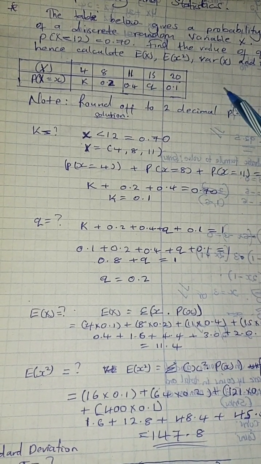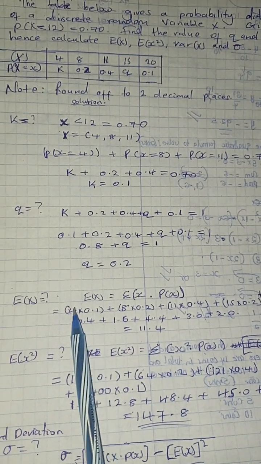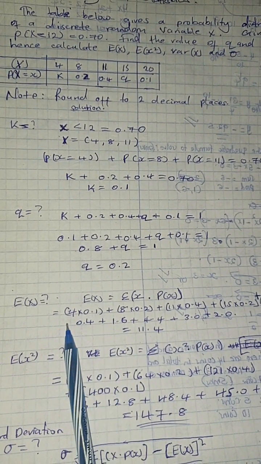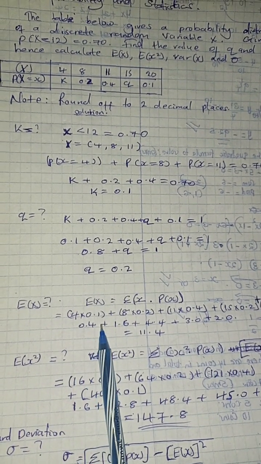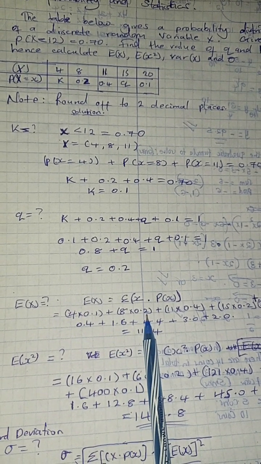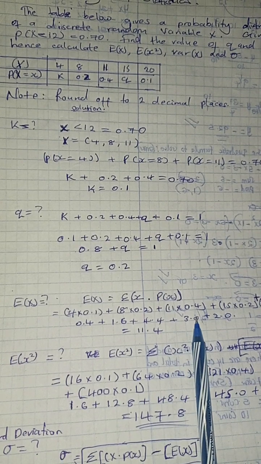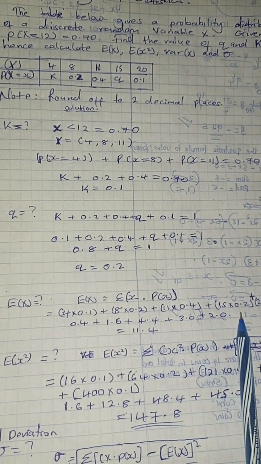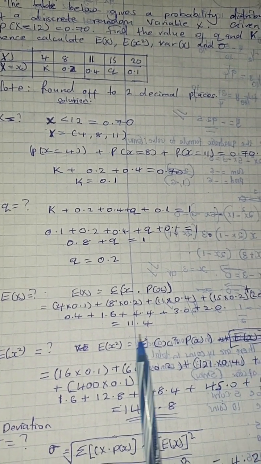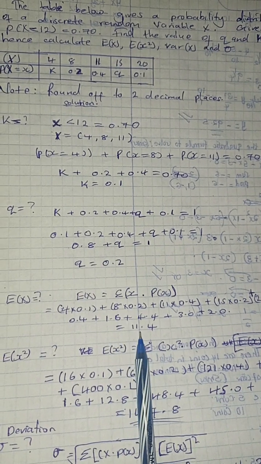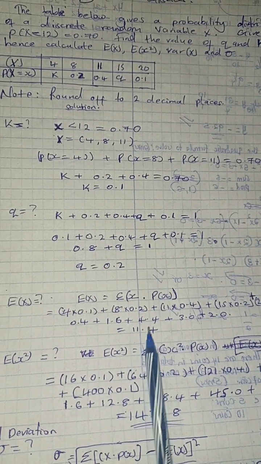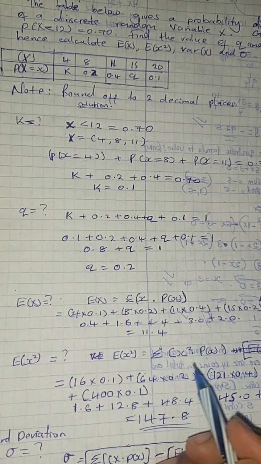Now we can substitute. So we have 4 times 0.1, 8 times 0.2, 11 times 0.4, 15 times 0.1, 20 times 0.1. Now the total is 11.4, and that's the answer for E(x).